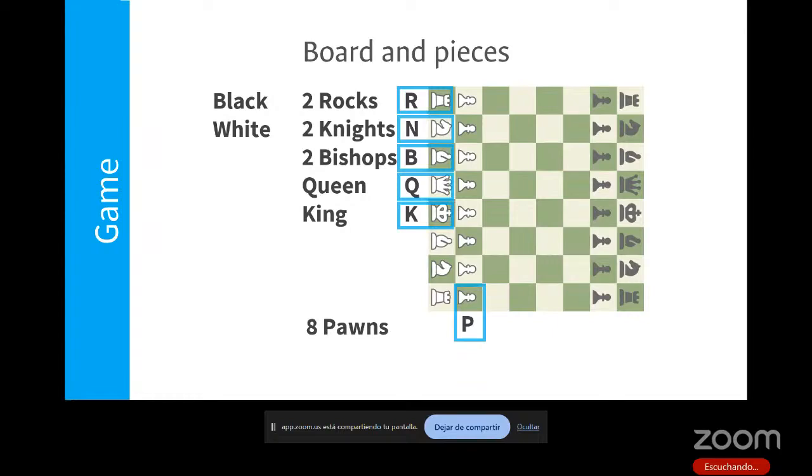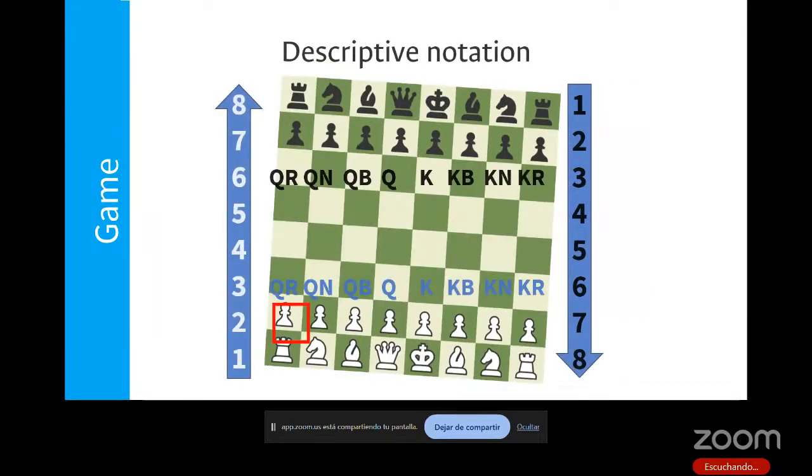What is important is to tell you that we are going to work in the descriptive notation. So we have the pieces, we have the columns, which are indicated by the queen or the king, and afterwards the adjacent pieces and the row.